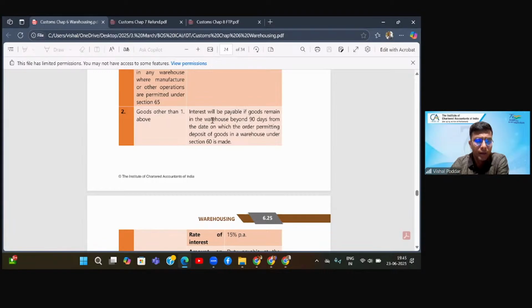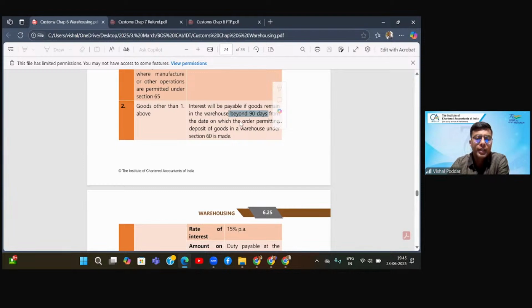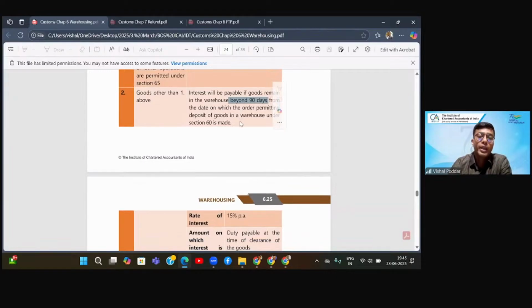Now, in this 1 year, if your goods are kept beyond 90 days, for the period beyond 90 days, you will be required to pay interest. So what is important is, up to the first 90 days, no interest. Thereafter, after the first 90 days, you will have to pay interest.